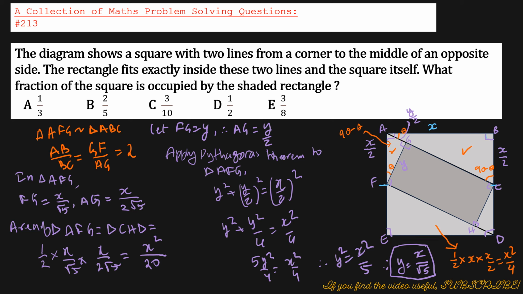So this is x square out of 4, this is x square out of 4. The little triangles are x square out of 20 and x square out of 20. So these triangles are x square out of 20, and this one is also x square out of 20.